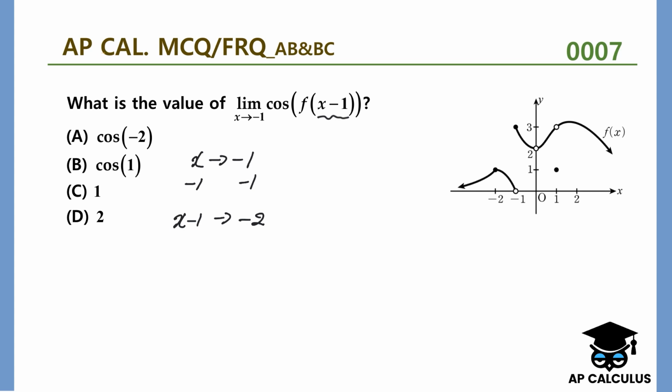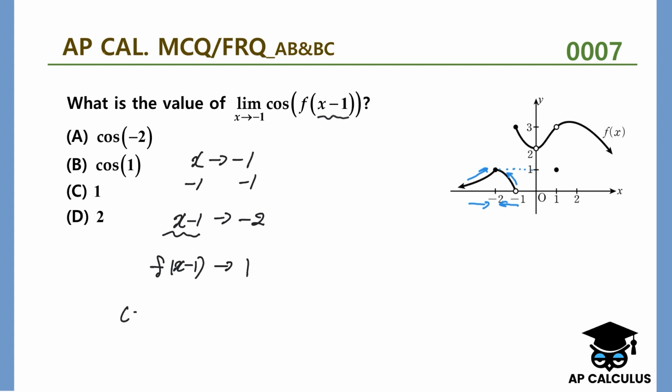So as x minus 1 approaches -2 from the left-hand side, the function approaches 1, right? From the right-hand side, it also approaches 1. So we know that f of x minus 1 approaches 1.